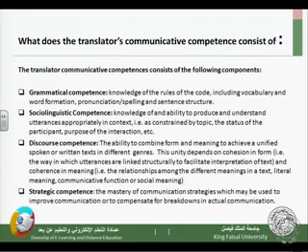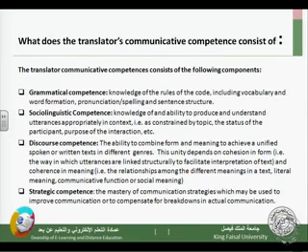The strategic competence is the mastery of communication strategies which may be used to improve communication or to compensate for breakdowns in actual communication.